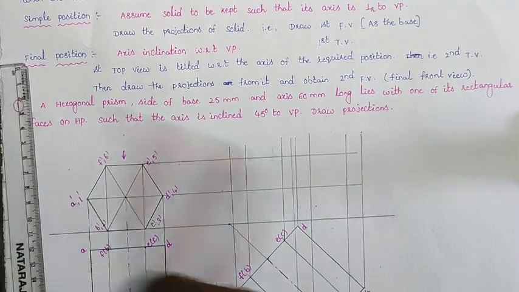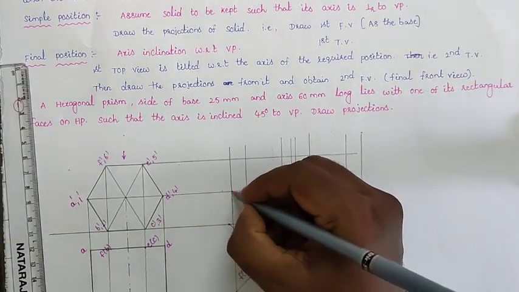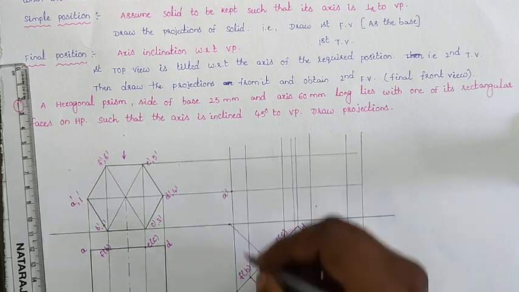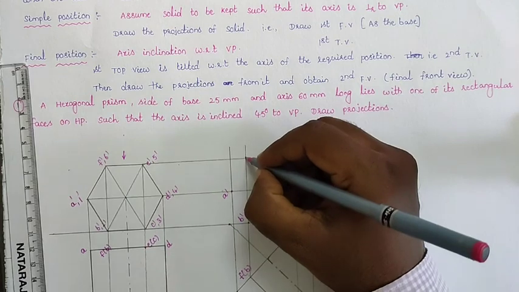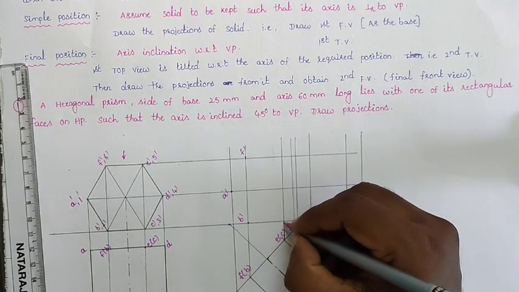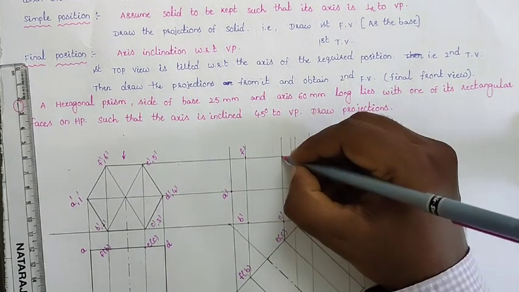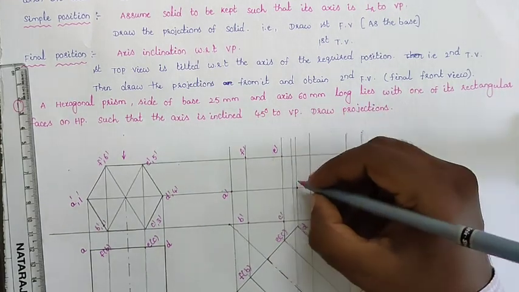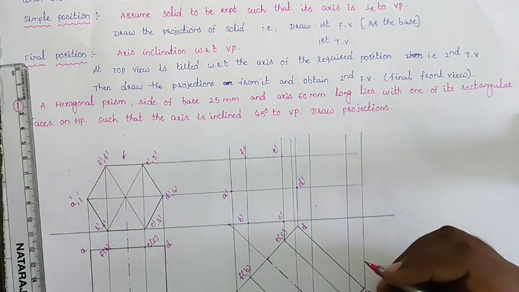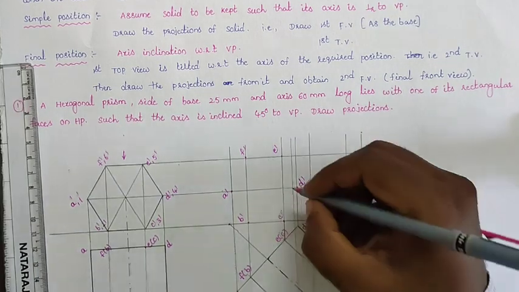Now locating the corresponding intersecting points here. So here we will get A dash, and here we will get point B dash, and again here we will get point F dash. Here we will get point C dash, and here we will get the point E dash. Next, D vertical line and D horizontal line, here we will get the point D dash. And similarly locating 1, 2, 3, 4.